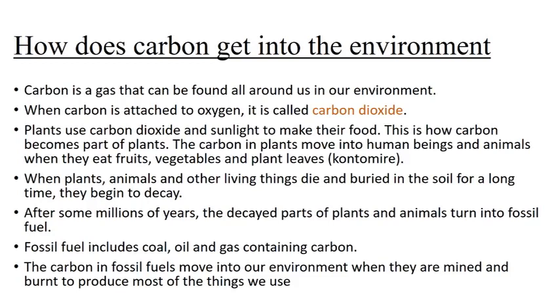So the carbon in plants moves into human beings and animals when they eat fruits, vegetables, and plant leaves such as contomere. So this is very important. Human beings eat plants. We eat a variety of plants, contomere, vegetables, fruits, and these fruits and other leaves contain carbon dioxide because they use carbon dioxide to prepare their food.